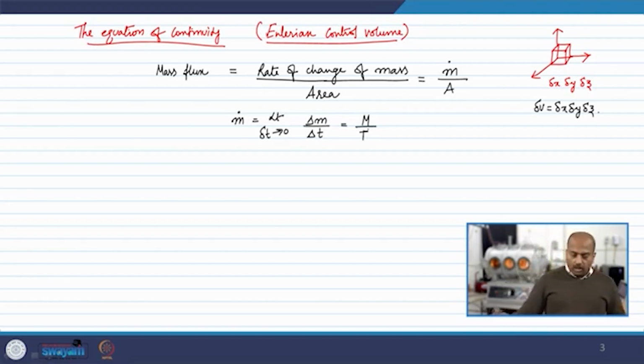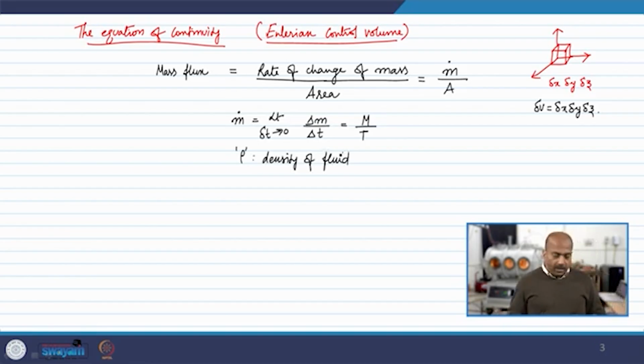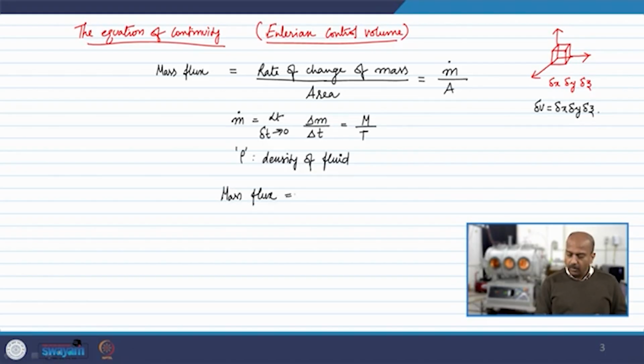Now, if the density of the fluid is rho, then mass flux can be written as, you know that this is M T power minus 1 divided by L square, right.